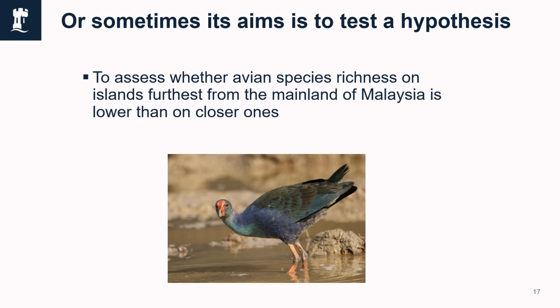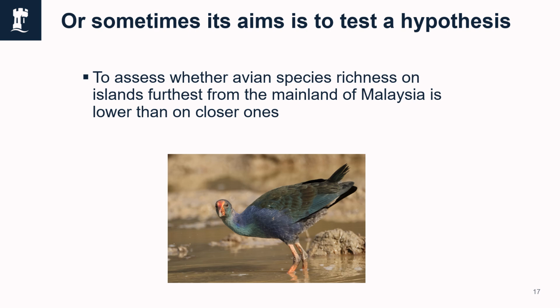Or sometimes our research aims to test a specific hypothesis. So again, let's follow the bird example. We might have an aim which is to assess whether avian species richness, bird species richness on islands furthest from the mainland, and this again connects to island biogeographic theory, is lower than those on islands that are closer to the mainland.